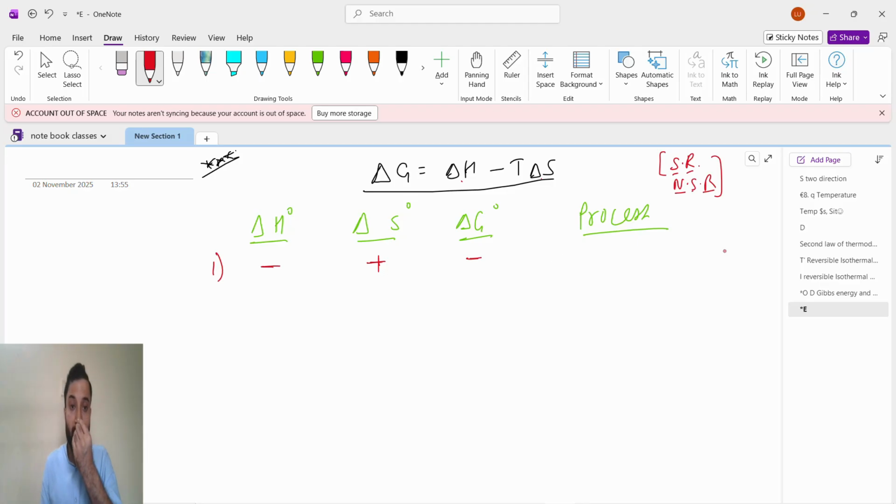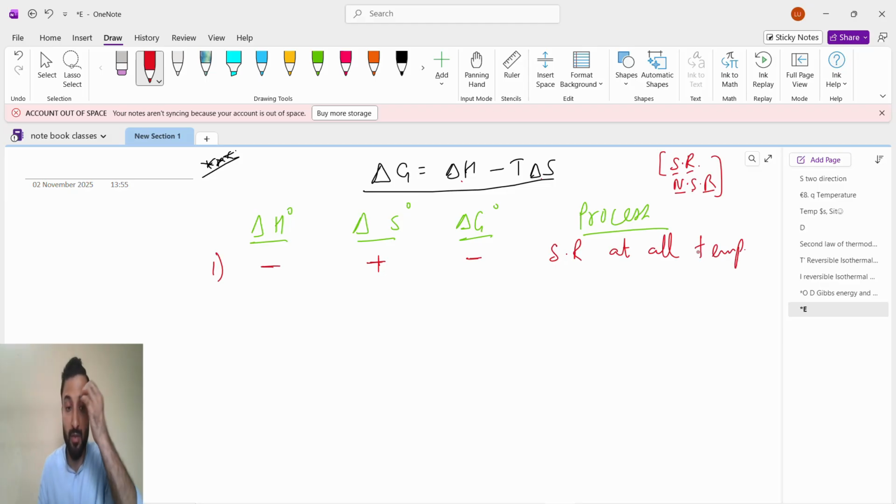In the examination they will say, if delta H is negative and delta S is positive, what is the value of delta G and what is the process? So delta G is negative, and the process is spontaneous reaction at all temperature.